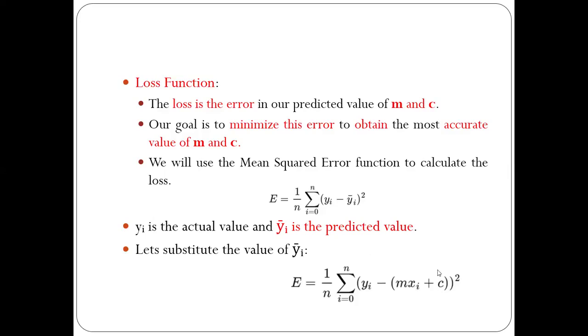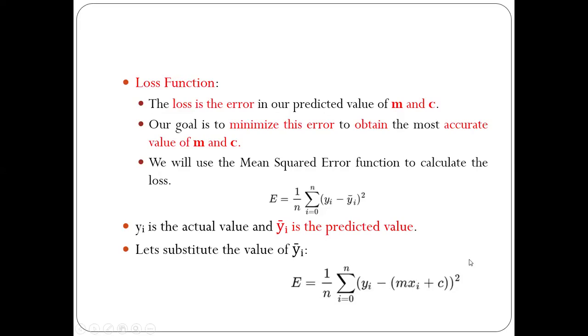If we partially derive this particular term with respect to m, it will become minus 2xi. Because there is a minus in front of it, minus mx square will become minus 2mxi.